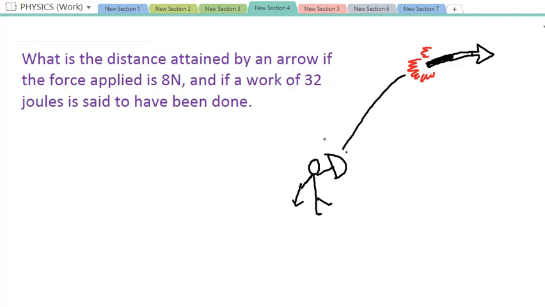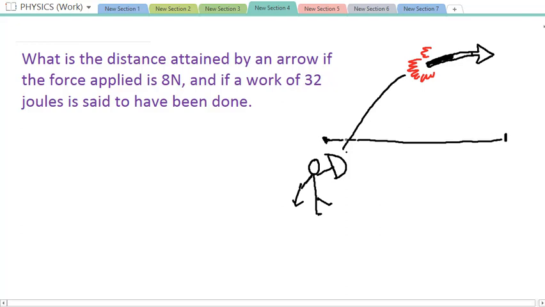The distance the arrow has covered, let's say the horizontal distance, distance is not a vector quantity, so the direction is oftentimes not specified, except for displacement. So the distance it covers from here up to this point, that is the horizontal distance, is what we are asked to solve for. We don't know it, so we can call it x, a variable. The distance covered from here to here is the unknown, so we can call it x. Hope this makes sense to you.